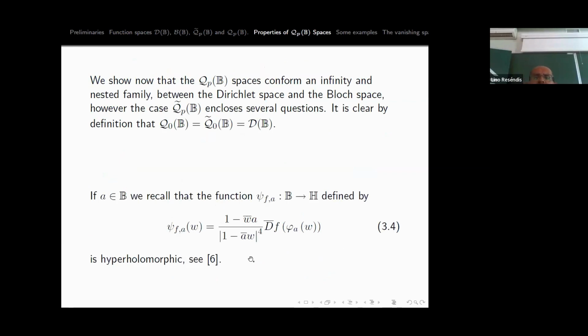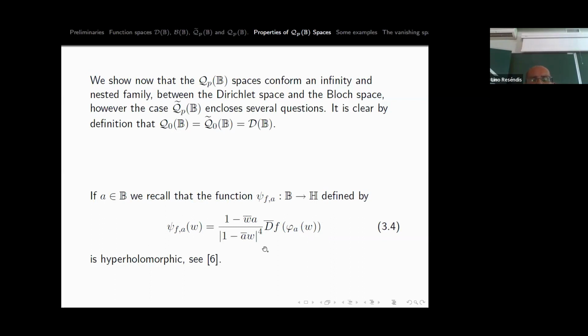Also, it's well known in this theory that if we consider this function psi sub f sub a from the unit ball to the quaternion set, defined in this form, you can see it's a little bit complicated definition, because this is the bar of f composed with the Möbius transformation, and also we have this factor that involves the variable w and the point a.